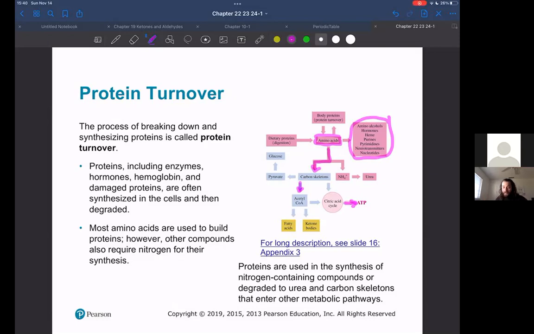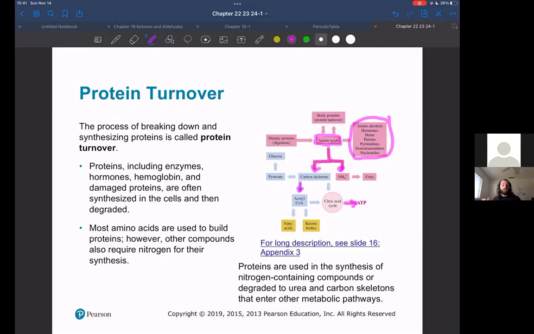The other thing, though, is that amino acids have a lot of nitrogen. In order to put it into the citric acid cycle, you need to get rid of that nitrogen, and that nitrogen comes off in the form of an ammonium ion. The ammonium is toxic to the cell. So when your body's eating a lot of protein, it wants to convert that amino acid into energy.